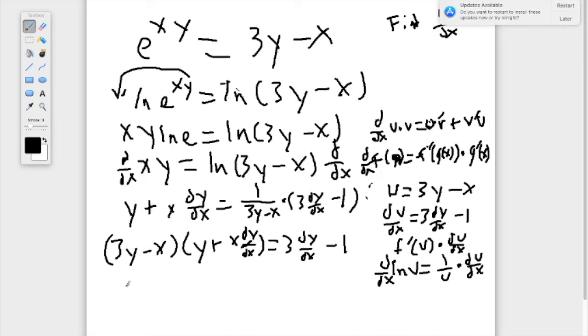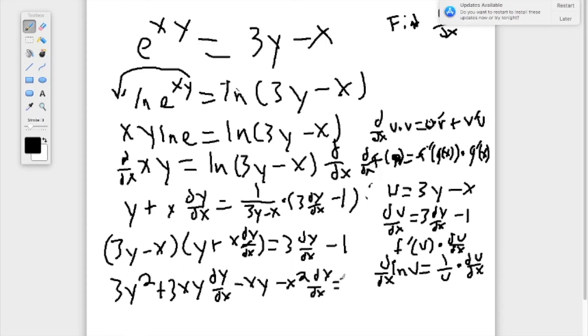This is 3y squared, plus 3xy dy dx, minus xy, and minus x squared dy dx, and that equals 3 dy dx minus 1.